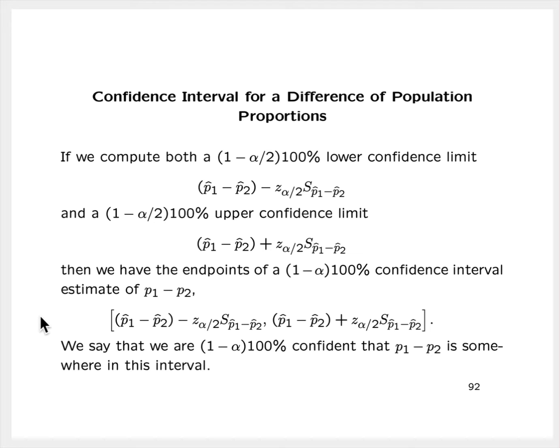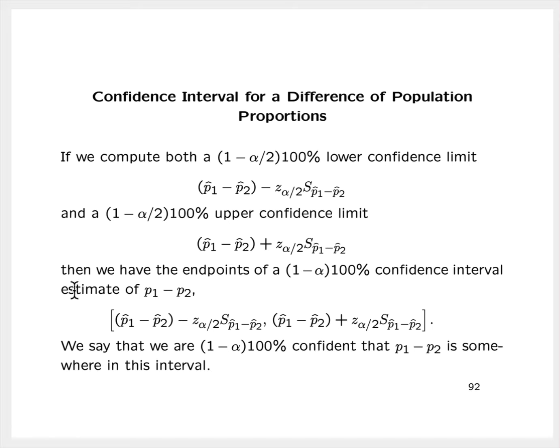Now, if we compute both a 1 minus alpha over 2 times 100% lower confidence limit, given by this expression, and a 1 minus alpha over 2 times 100% upper confidence limit, given by this expression, and we put those limits together, then what we have is a 1 minus alpha times 100% two-sided confidence interval estimate of P1 minus P2.